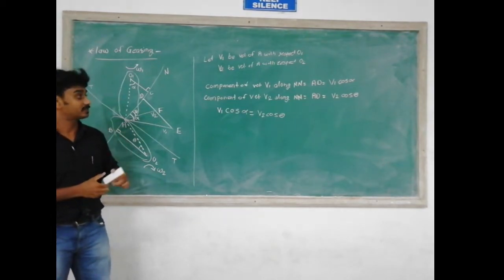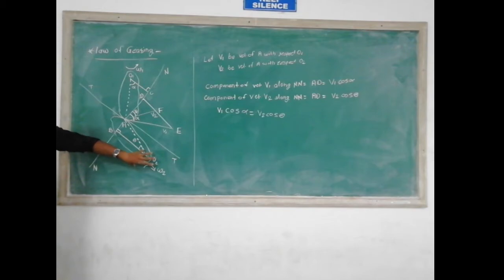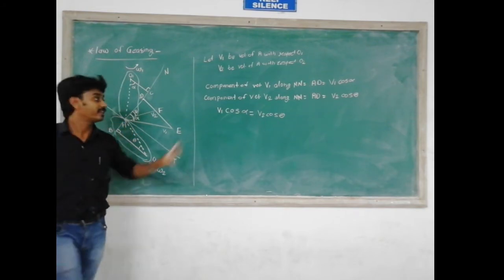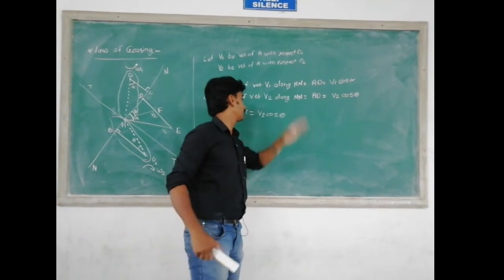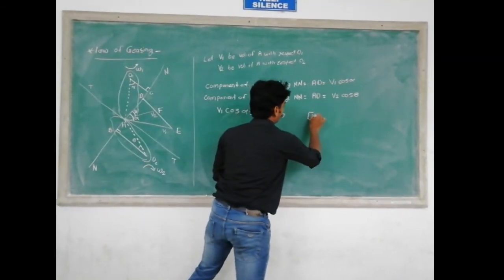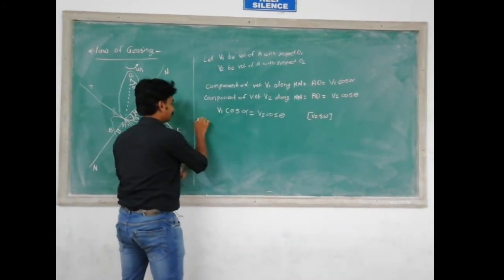While transmitting the motion of one gear to the other gear, the velocity components of these two gears at their point of contact should be equal. That's why V1 cos of alpha is equal to V2 cos of theta, and we know that V is equal to R omega.